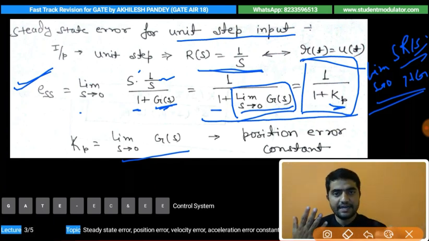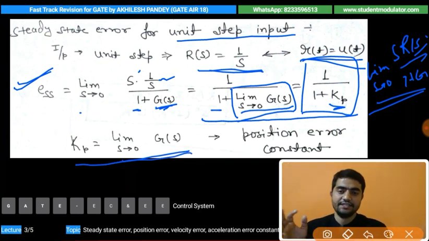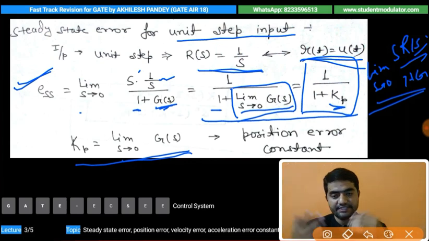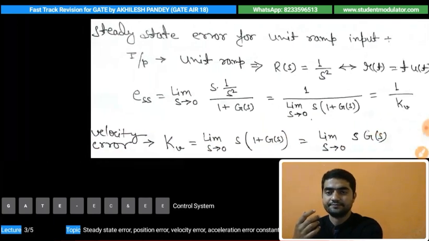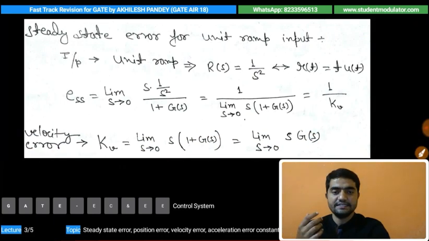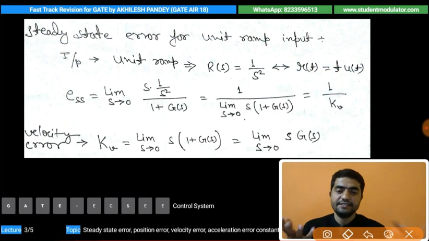We applied the unit step input rt equals ut, and for that we solved and got this position error constant. Now we will apply the unit ramp input to get the velocity error constant. So let's see. This is the steady state error for unit ramp input. Suppose we have rt equals t ut.